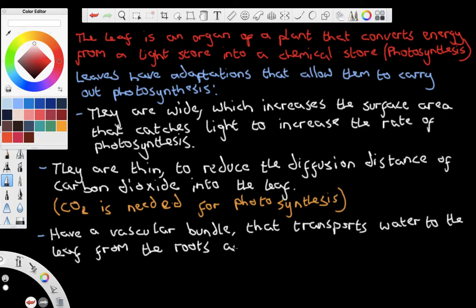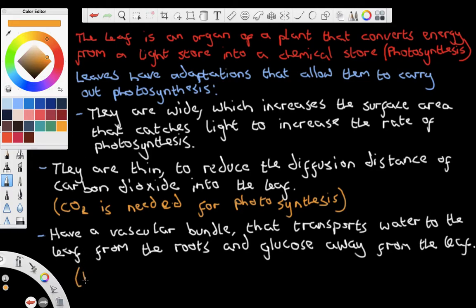And glucose away from the leaf. Now it's important because water is needed for photosynthesis to take place. So water is needed for photosynthesis.